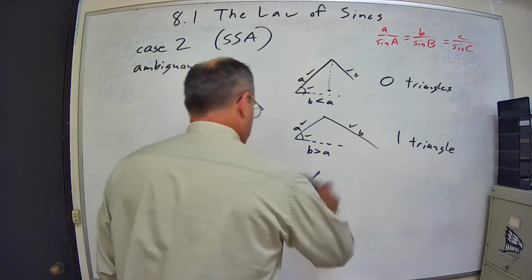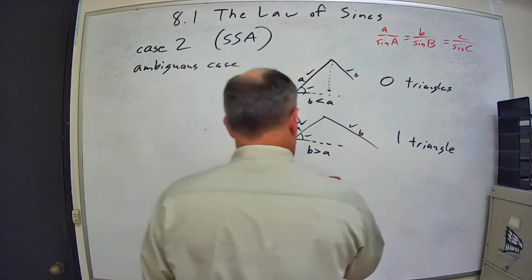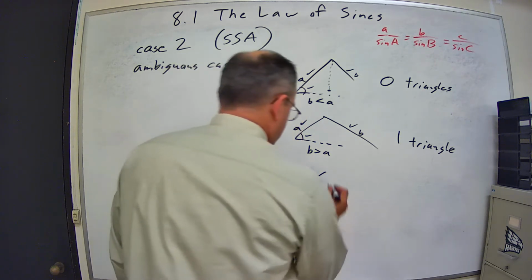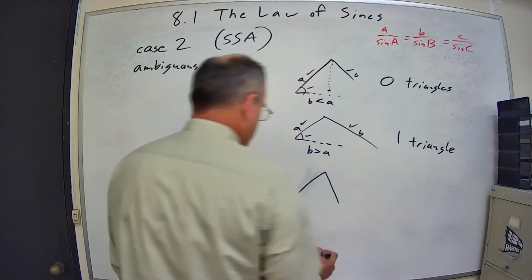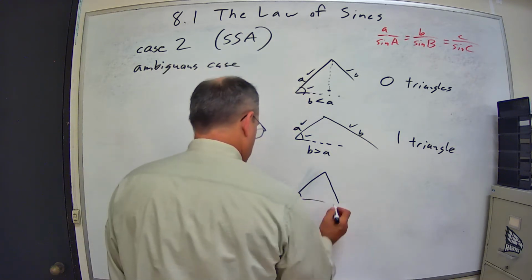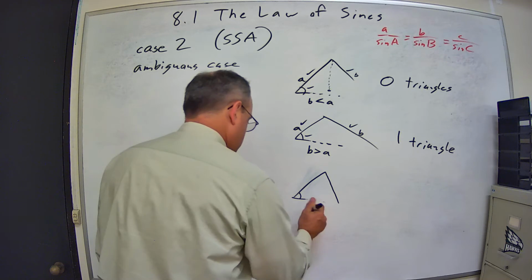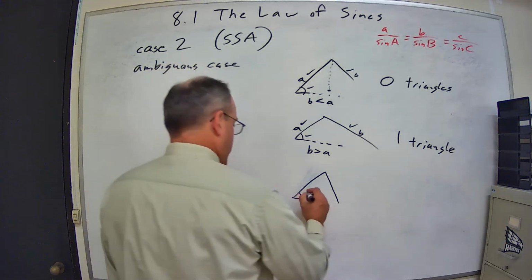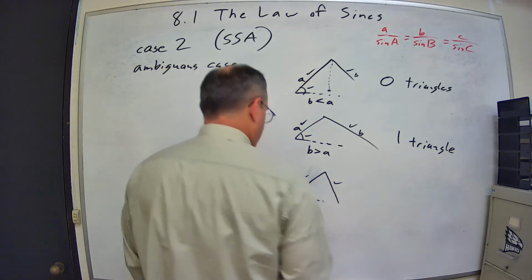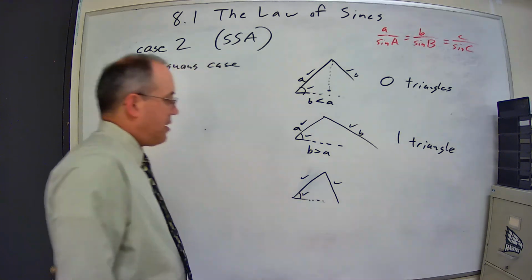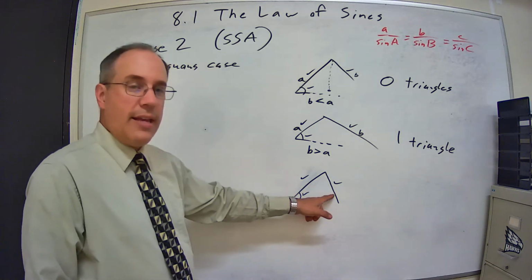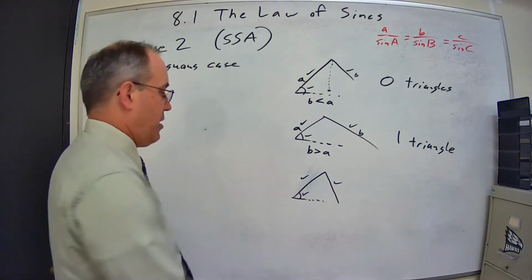The third possibility, let me make this just a little bit bigger here, is that the second side, so we have the side and the angle opposite one of them, is smaller than that first side.